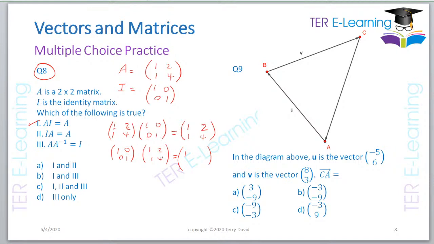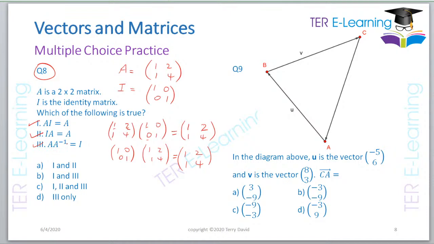Then on this side it'll be 2. 0 by 1 is 0, 1 by 4 is 4. So you're going to end up back with the same matrix again. Therefore, if I take my identity matrix and multiply by any matrix, I'm going to get back the same matrix. So I multiplied by A is equal to A. And the third one is correct.